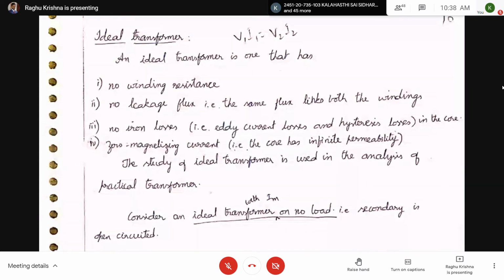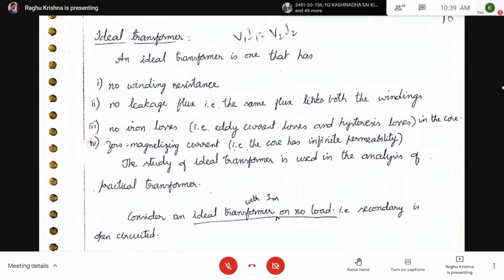So let us take an ideal transformer. An ideal transformer is one that has no winding resistance. Second, no leakage flux. That is, the same flux links both the windings. Next, no iron losses, that is, eddy current losses and hysteresis losses in the core.